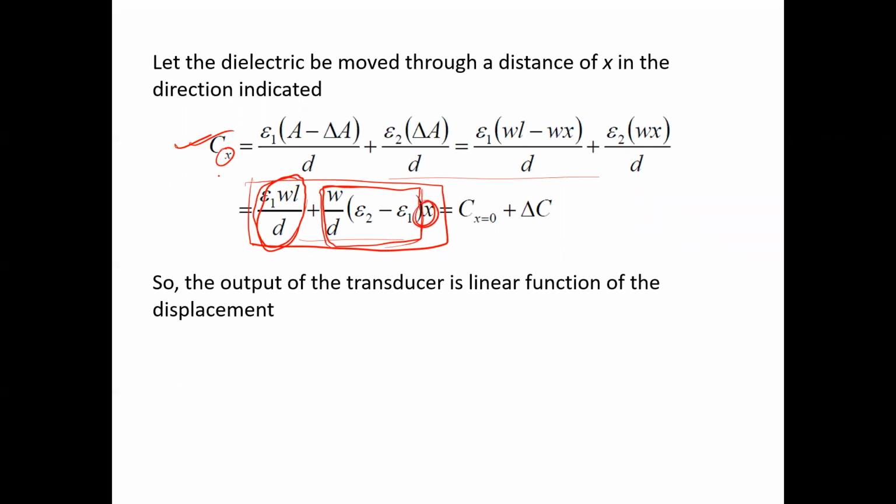So in that sense the capacitance can be linearly related with the displacement x of the dielectric material. Further, it can be simplified to be the initial capacitance when x equals 0 plus the change in capacitance, which is this one.